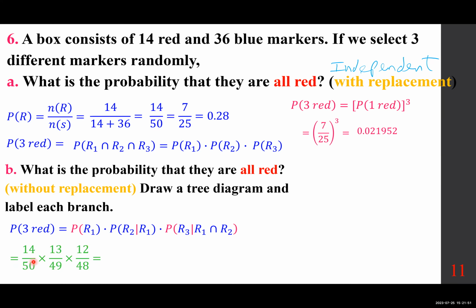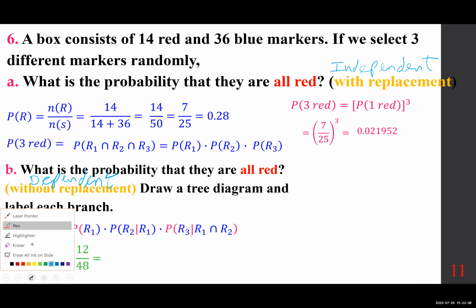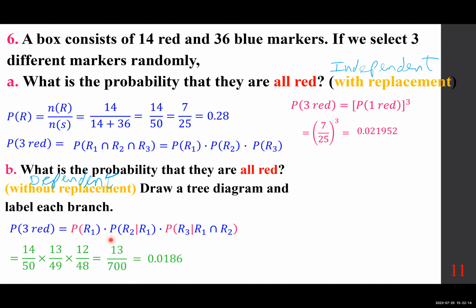So 14 out of 50 times 13 out of 49 times 12 out of 48. Again, without replacement, which means we are dealing with dependent events. And so this is the exact answer, and this is with the decimals.